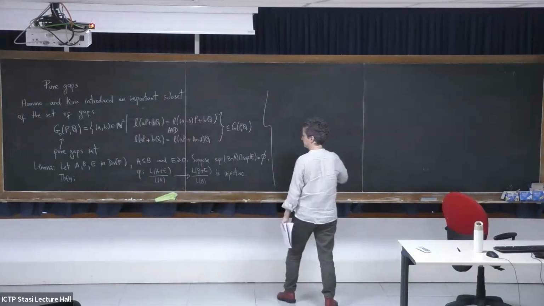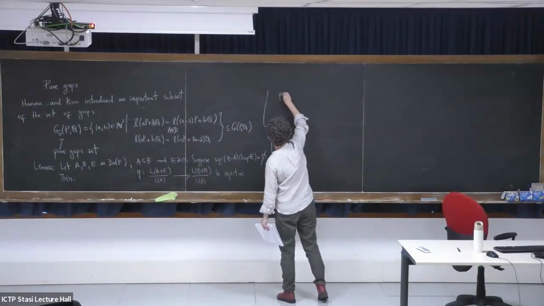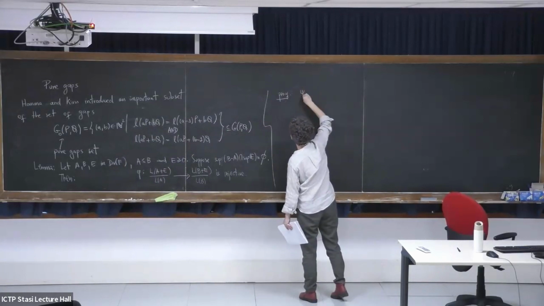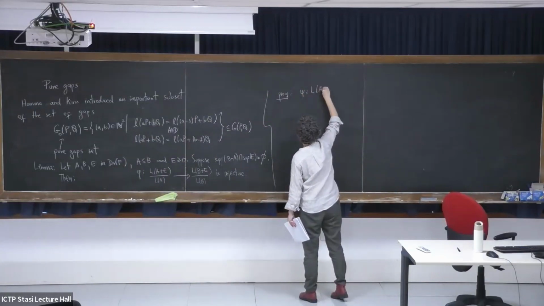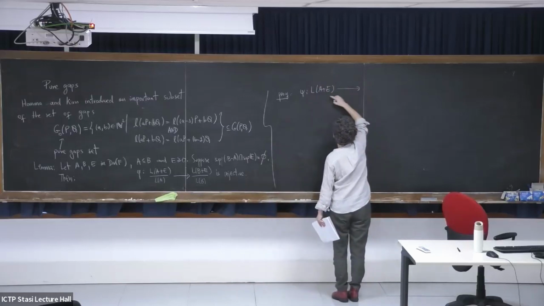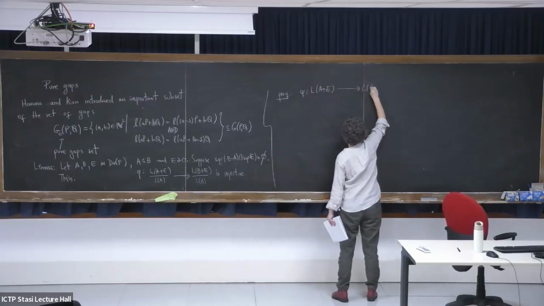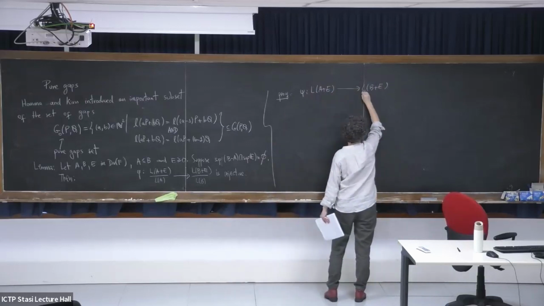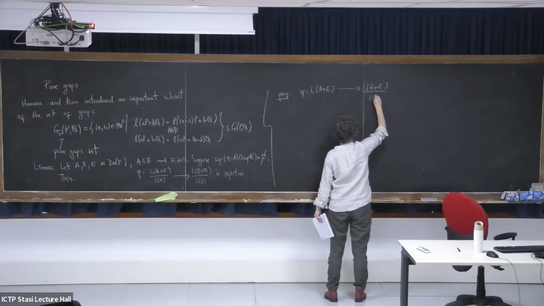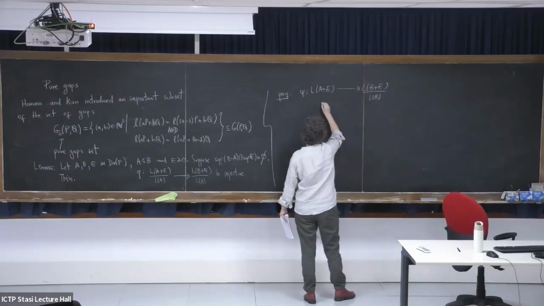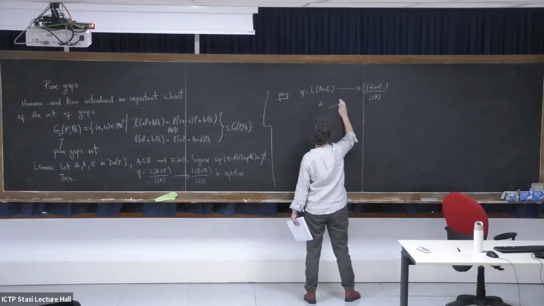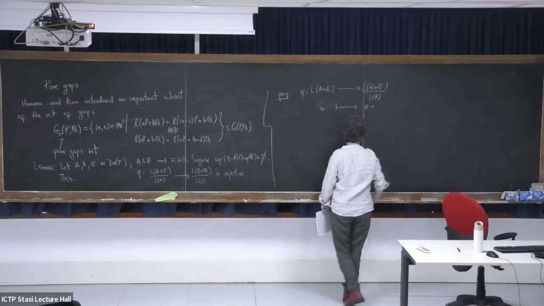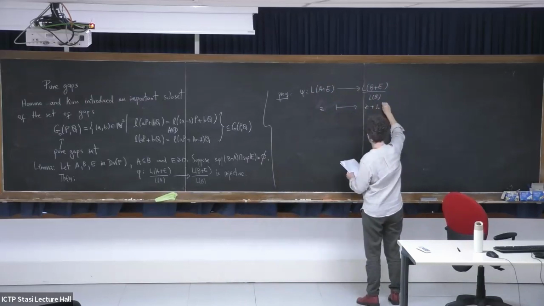So let's prove this. Just consider first a certain function from here. This is contained here, so I can just take the injection from here to there. But then I take the quotient. So I just take a function here, and I take it to its class, z plus L(B).